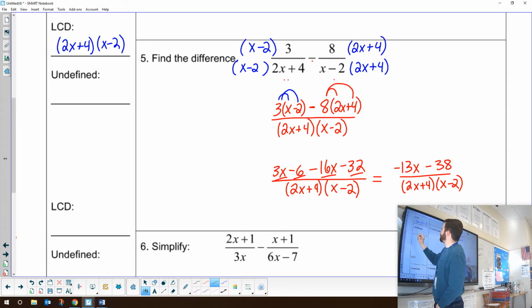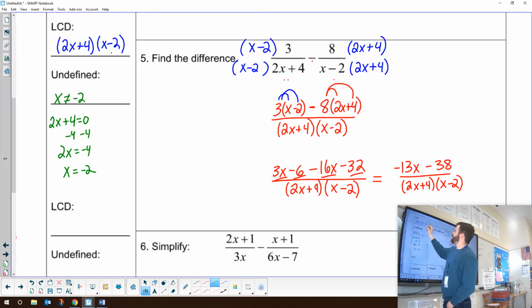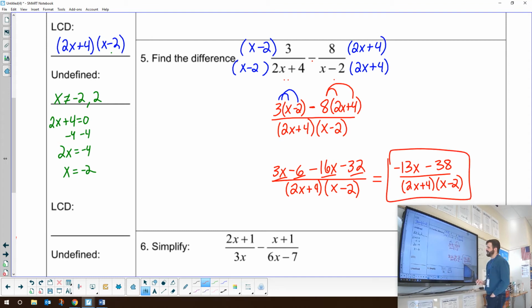If we took 2x plus 4 and set that equal to 0, we would minus 4, get 2x equals negative 4, and we would get x equals negative 2. So that's our first one. X cannot equal negative 2. And our other one is x cannot equal positive 2. All right? And this is our simplified answer.